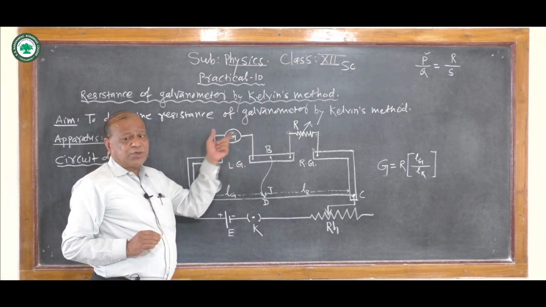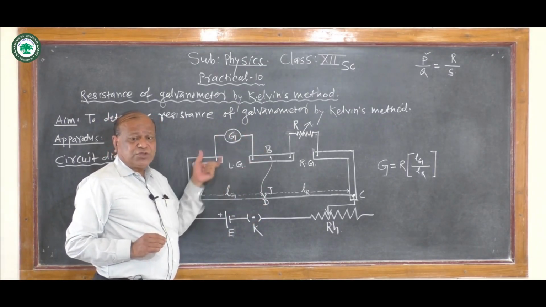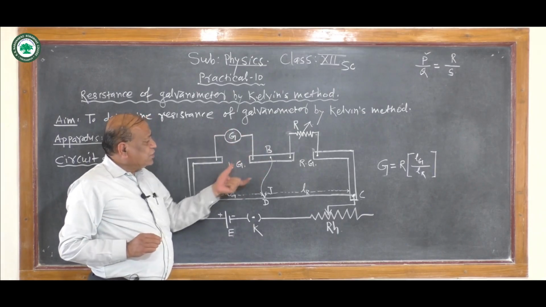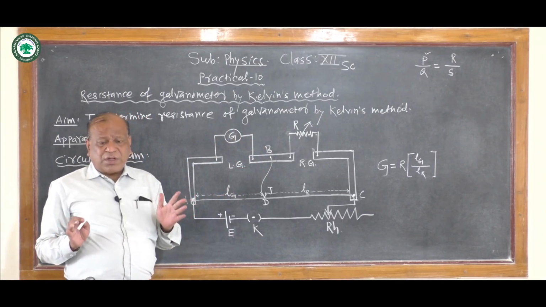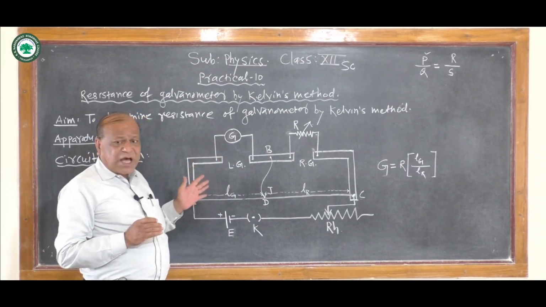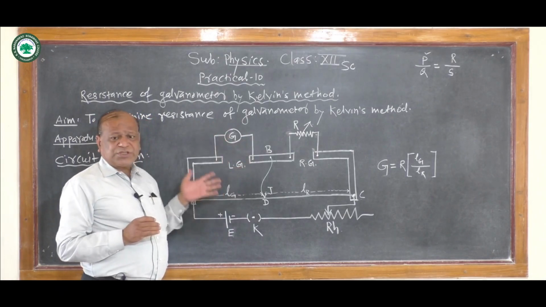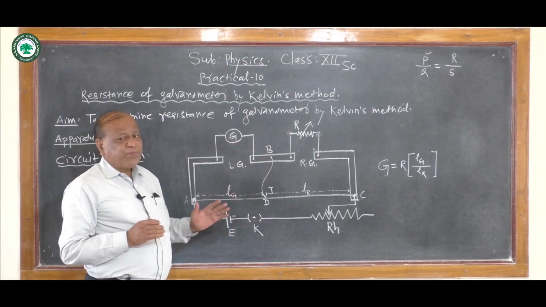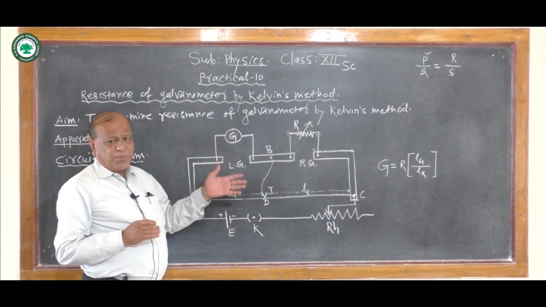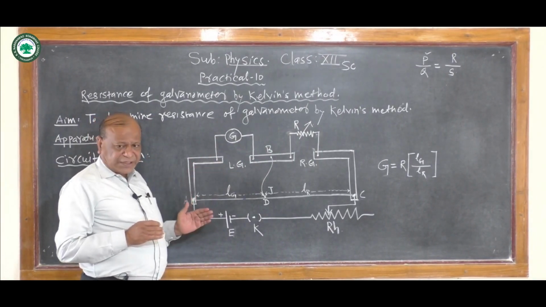Actually the galvanometer does not show zero deflection here. And now we perform this experiment in our laboratory. See carefully how readings are taken from this instrument and how the value of the galvanometer resistance is calculated from this practical.